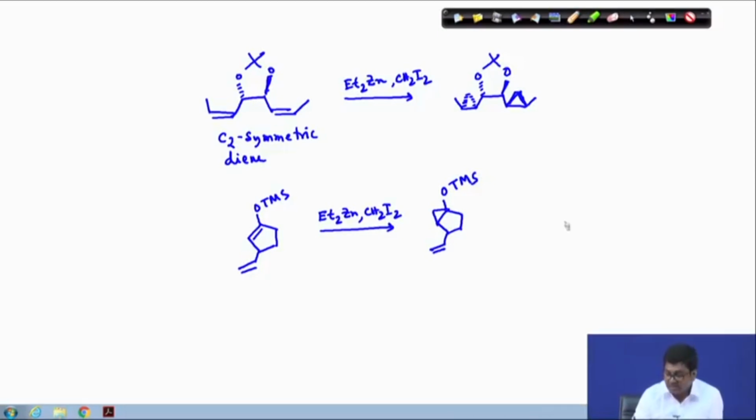TMS means here O-silyl group, trimethyl silyl. So, I am not drawing the rest of the part. So, this is the corresponding TMS or O-trimethyl silyl. This is one hydroxyl protecting group.